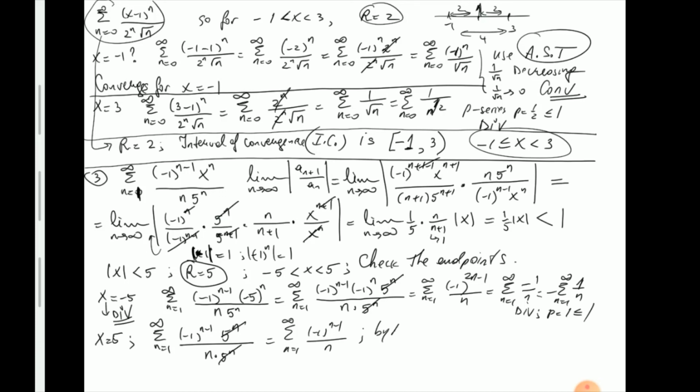By the alternating series test, we notice that 1 over n is decreasing, 1 over n goes to 0, so therefore it is convergent. So, radius of convergence 5, established before, interval of convergence open at -5, closed at 5.